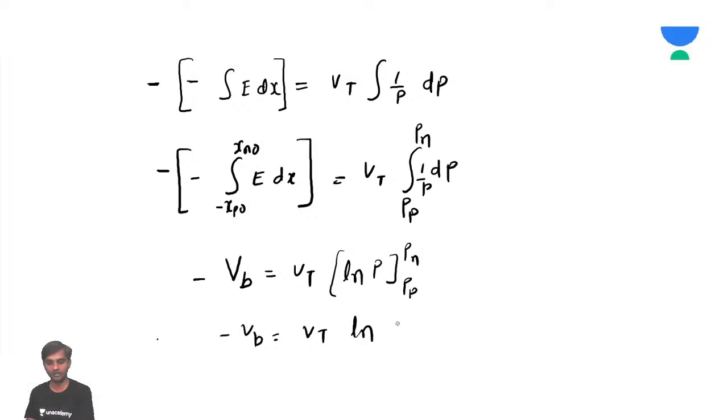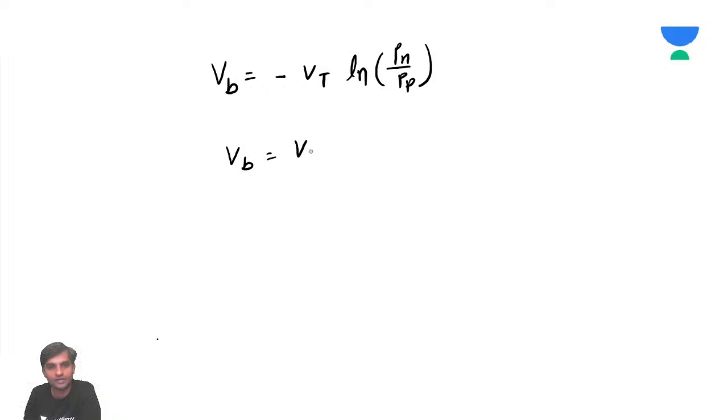So Vb can be written as Vb is equal to Vt into ln of pp by pn.